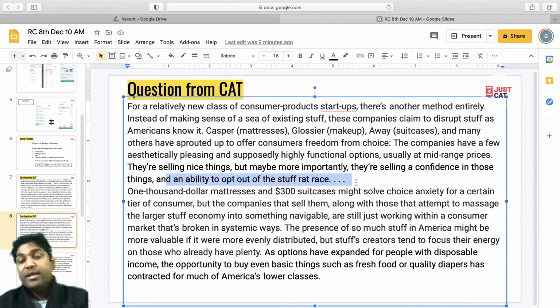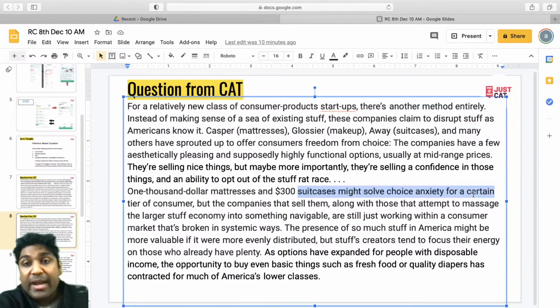So basically they are contrary to others because they don't present you with a lot of choices. They will give you few options which look good, which are mid-range, and which are highly functional. So $1,000 mattresses and $300 suitcases might solve choice anxiety for a certain tier of consumers.